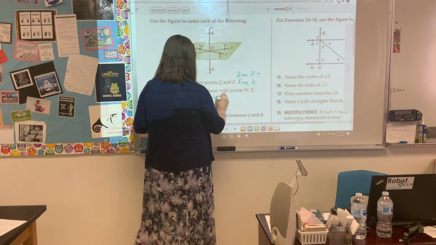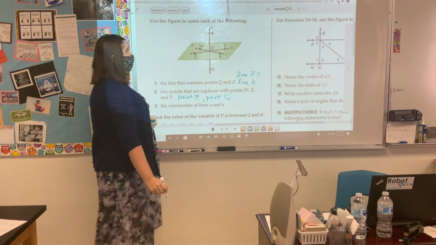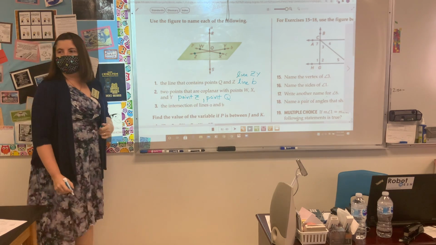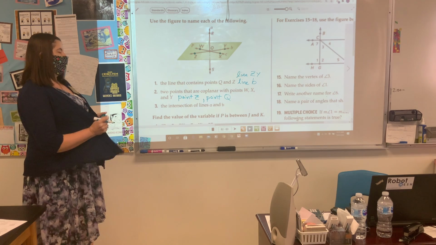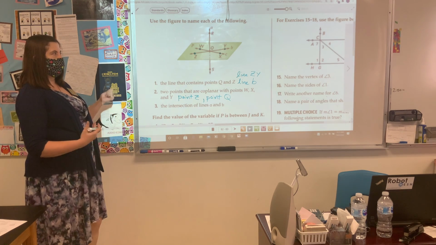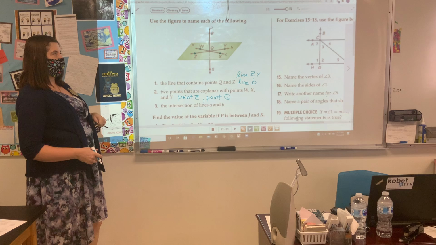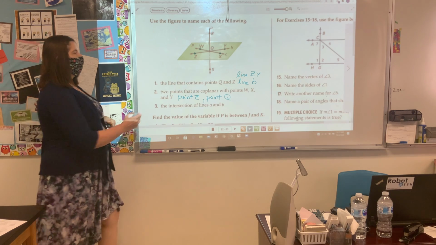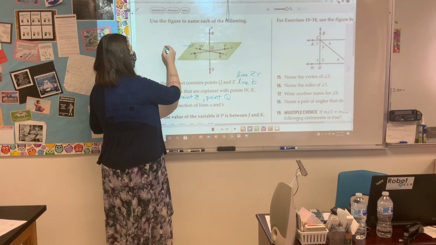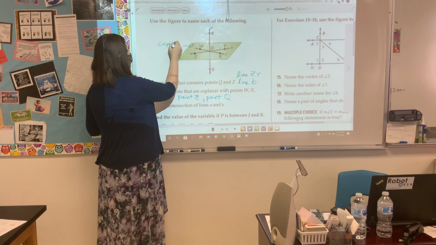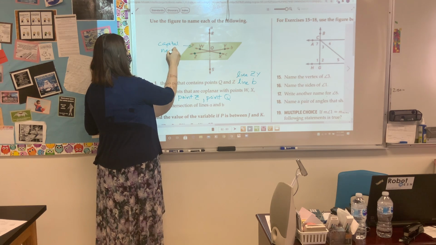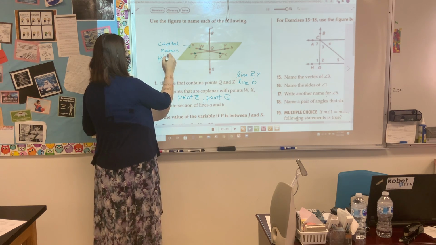Point Q? No. How about point R? No, that's not even coplanar. S, not coplanar. Is there a point P? No, there's P. It's the plane. Capital P is the name of the plane.